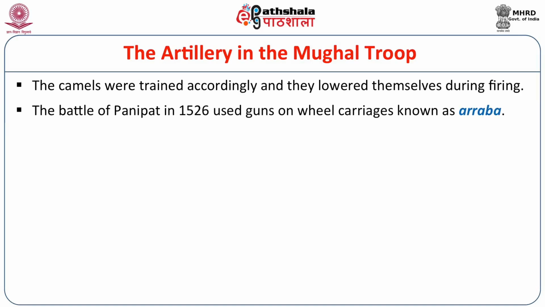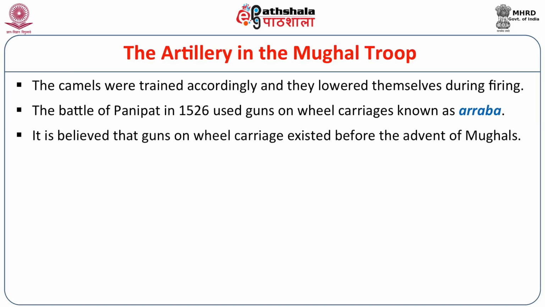In the Battle of Panipat in 1526, they used guns on wheel carriages known as araba, but araba later did not become very popular. It is believed that guns on wheel carriages existed even before the advent of the Mughals, but the recorded history is very poor.